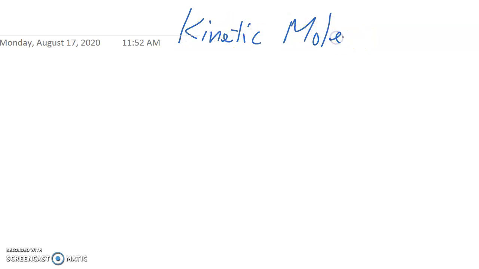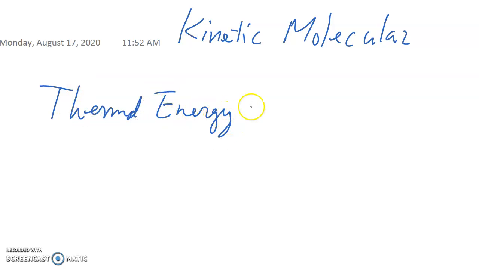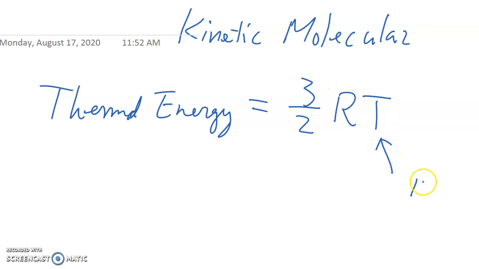Let's talk about the kinetic molecular theory. What it says is that the thermal energy of any gas molecules will be equal to 3/2 RT, where T is the temperature in Kelvin.